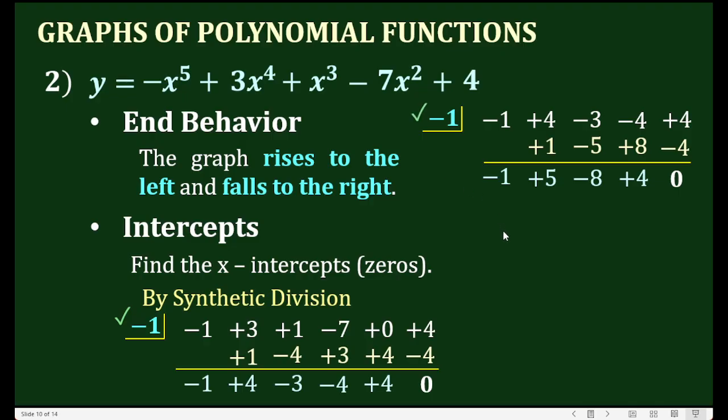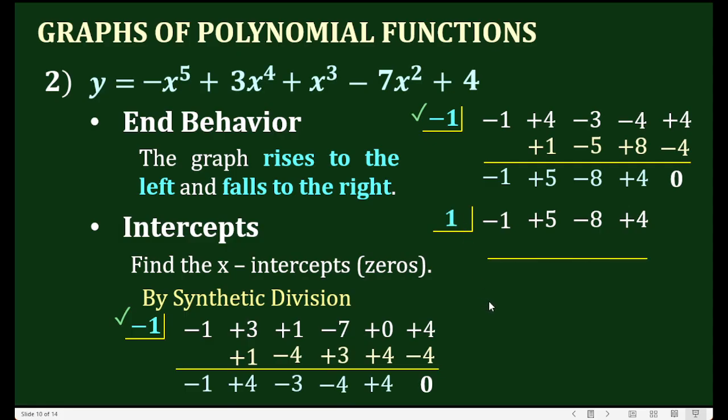Then let us go on with the synthetic division. This time, we consider the next row of numbers: negative 1, positive 5, negative 8, positive 4. Then we consider another value as the next factor of 4, particularly positive 1.